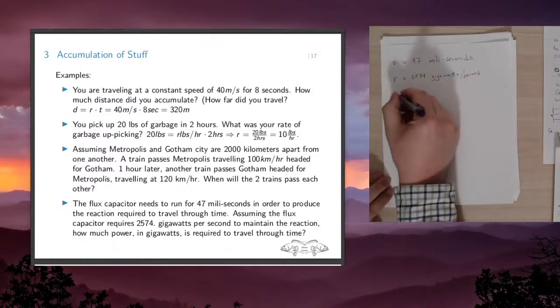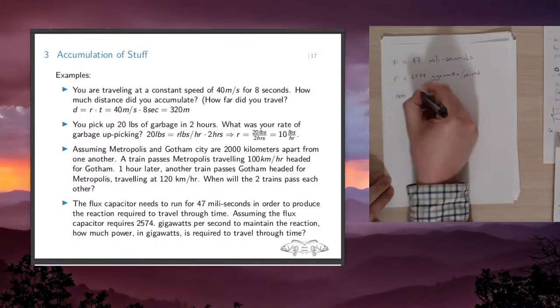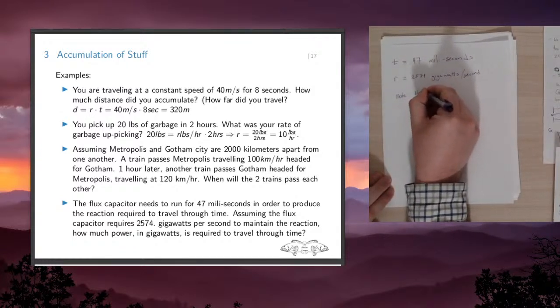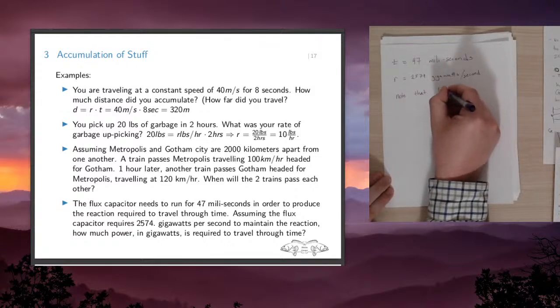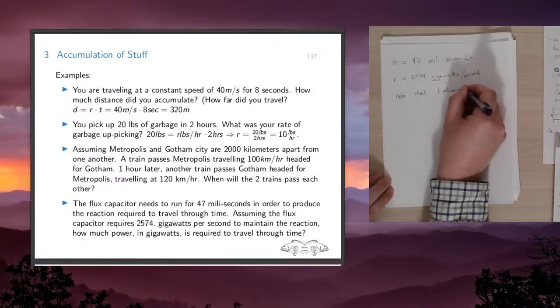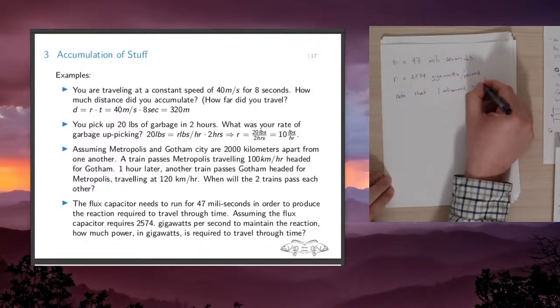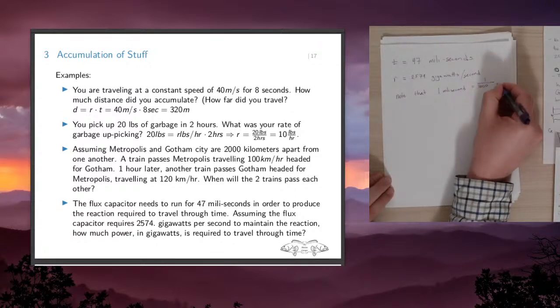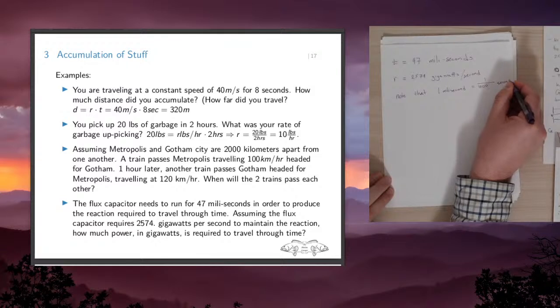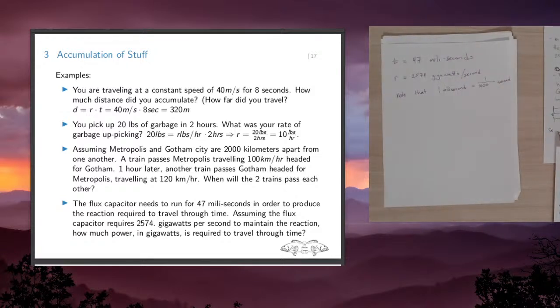So let's note that 1 millisecond equals 1 over 1,000th of a second. Another way to say this is that 1,000 milliseconds is 1 second, right?